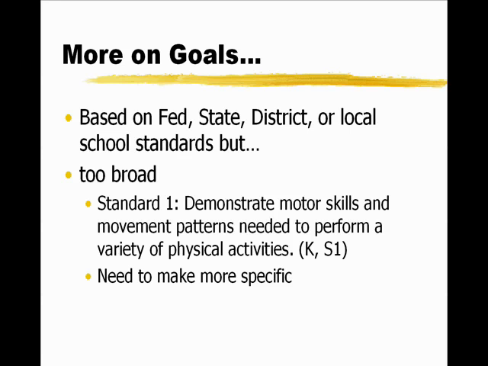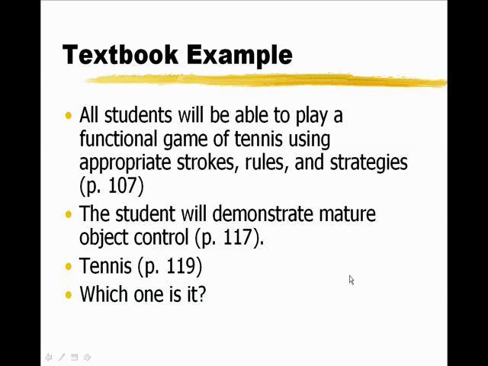For example, this is standard 1 for kindergarten from the California content standards or framework. Standard 1 says demonstrate motor skills and movement patterns needed to perform a variety of physical activities. That's a little bit too broad. You need to make it a little bit more specific than that.